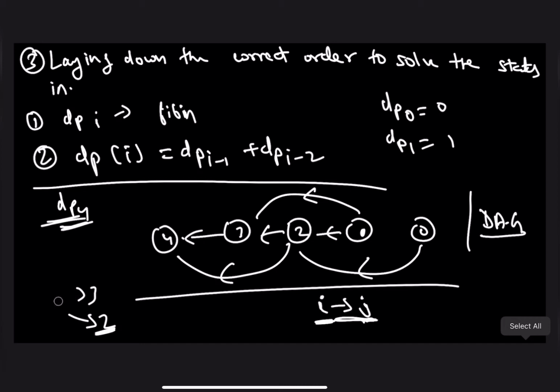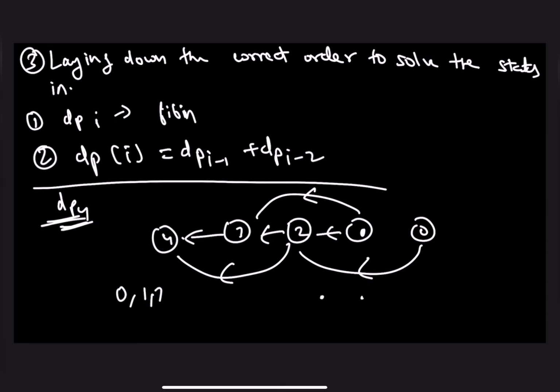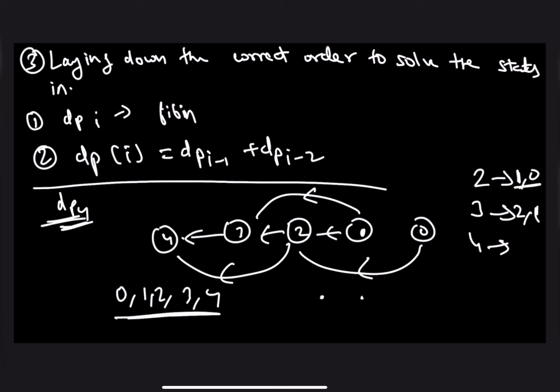For this problem, the correct topological order is very obvious. For dp[4], the correct topological order will be 0, 1, 2, 3 and 4. Why is that? Because you cannot solve the second term before solving the first and 0. The first and 0 are base cases, we don't really need to solve them. You cannot solve the third term before solving the second and first, and you cannot solve the fourth term before solving the third and the second.